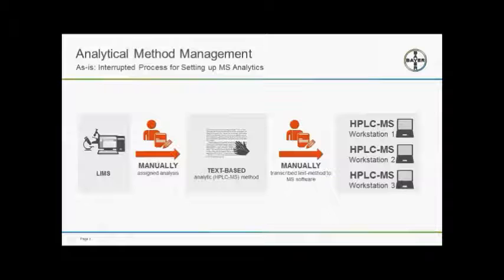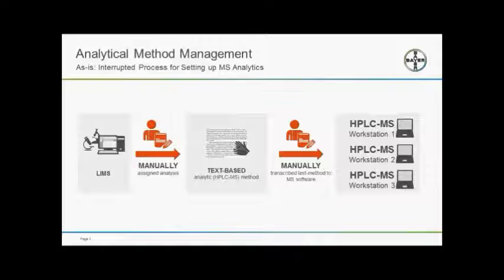So basically, we had a use case, I think, that you can find in many analytical labs, maybe even in yours. This is basically in the pharma DMPK area. They have a LIMS and they have MS workstations.